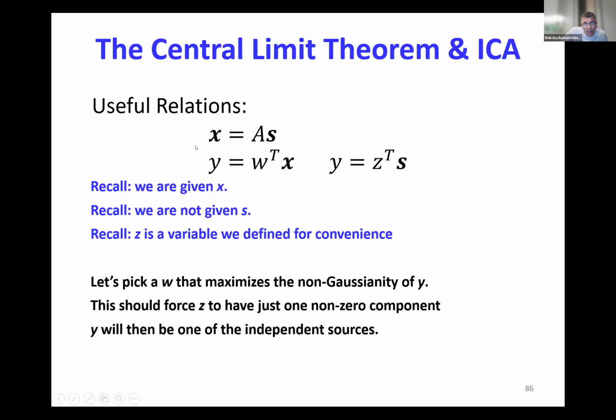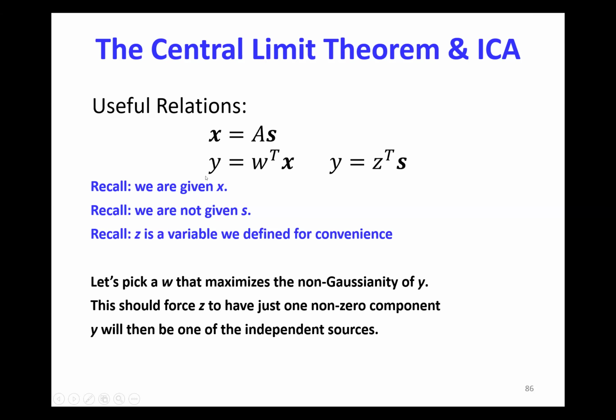We are not given S, though. Z is a variable we defined for convenience. So using the same principle, I'm going to find my vector W that minimizes the Gaussianity of Y, and that should give me an independent component. That makes sense?